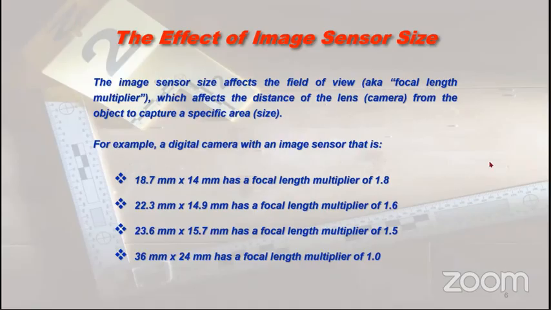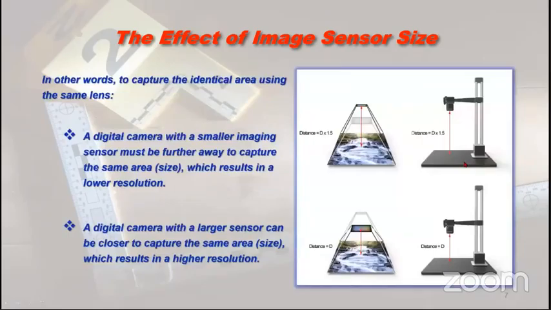What does that do to the focal length multiplier? How does that affect the size of the area that we are capturing with that particular sensor? So we have to make sure we understand that there are components that are going to cause interactions on both planes, cognitive as well as quantitative.